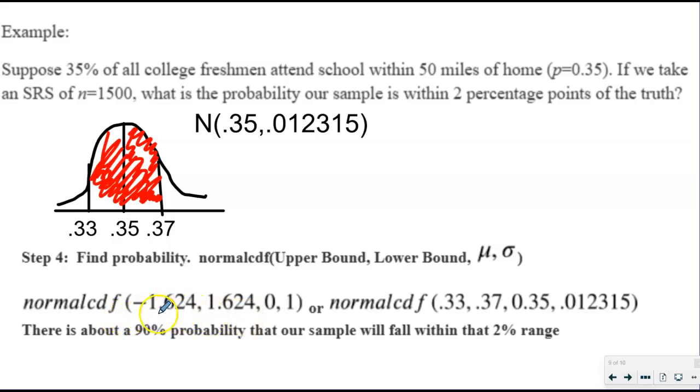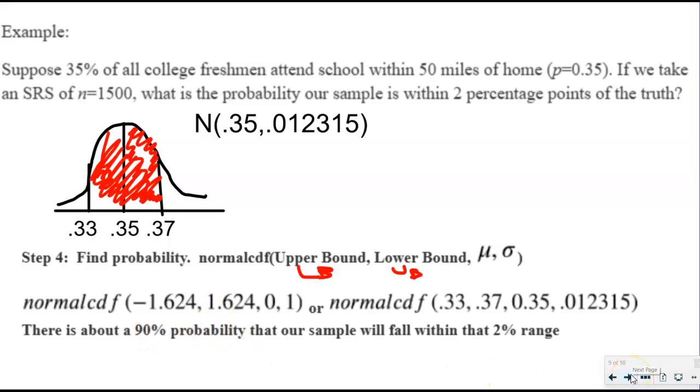This is the lower bound, and this is the upper bound. Switched, sorry guys. We take the lower bound, negative 1.624, all the way up to 1.624, and when we find that probability using normal CDF, we get about 90%.